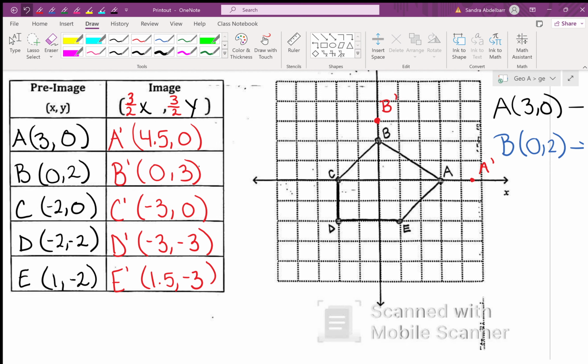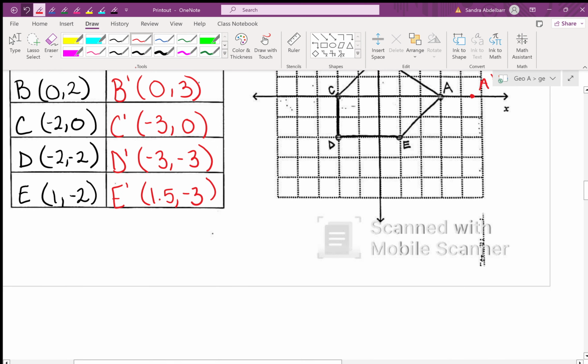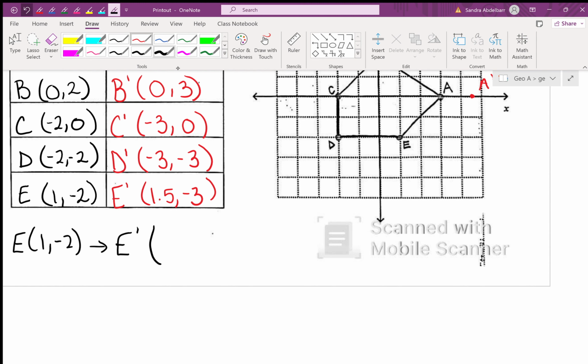All right, so for E prime, we're going to take E, which is 1, -2, and then we're going to go to E prime. How are we going to go to E prime? We're going to multiply by the scale factor, which is 3/2 times 1, comma, 3/2 times -2.